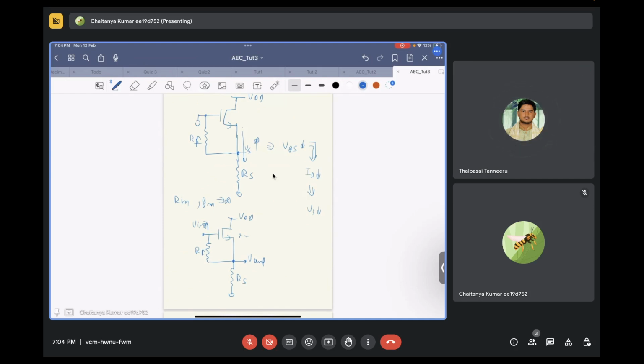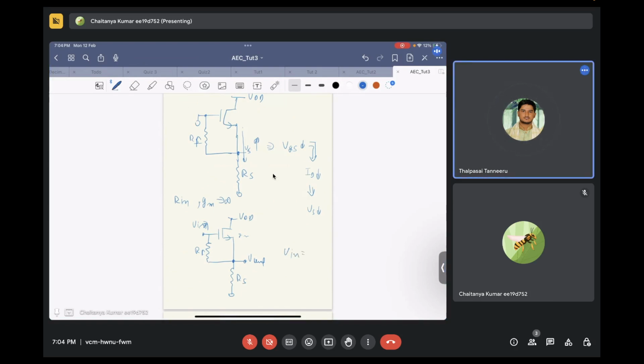Yes, sir. So if the controlling voltage is V in minus V out, what will happen to it if GM is infinite? V in is equal to V out.